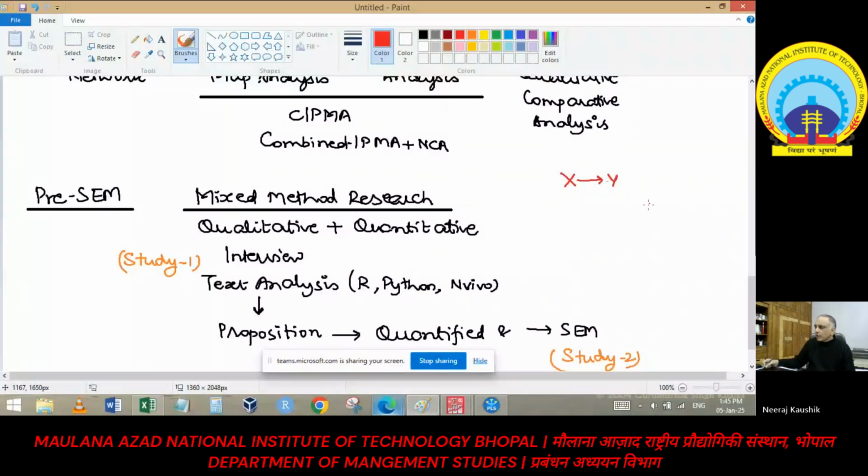We can run the regression. If R comes like 0.9 or something, can't we say that X leads to Y? No, we can't. Why so? Because logic says X leads to Y, or X is a predictor of Y, only when X leads to Y and not X leads to not Y. Only in this case can we say that X is a predictor of Y.